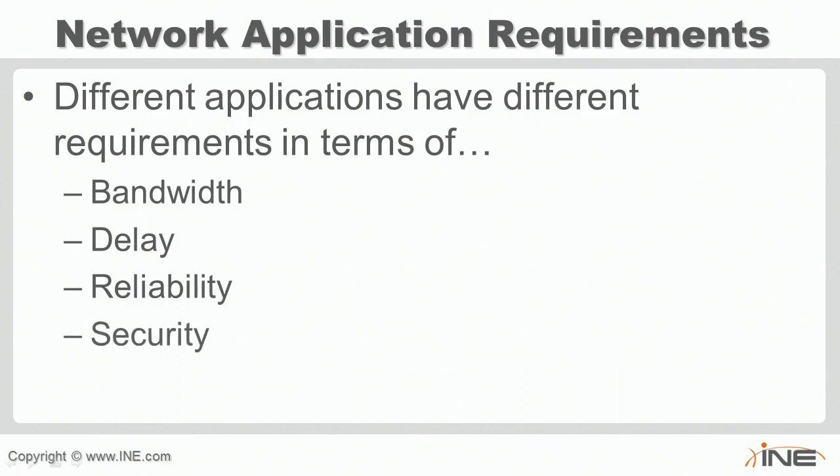Another one is going to be the security. So if we're sending some sort of corporate sensitive information, then we need to make sure that someone in the middle of the network is not going to be able to tell what's the actual data that's inside of that packet.